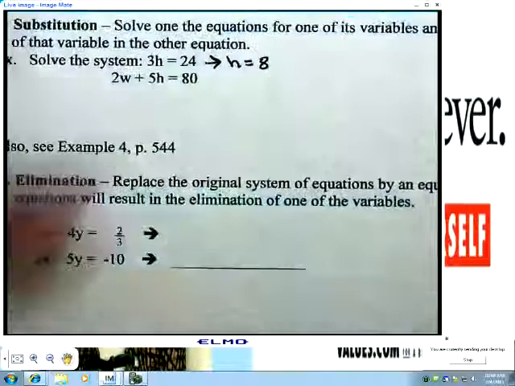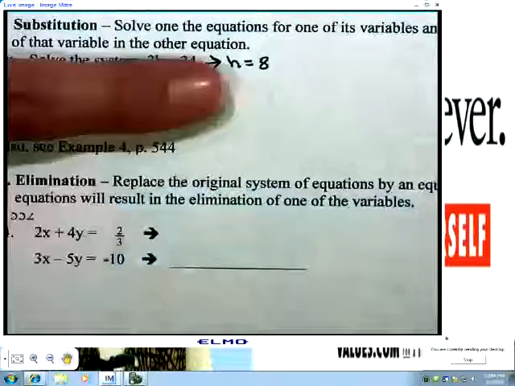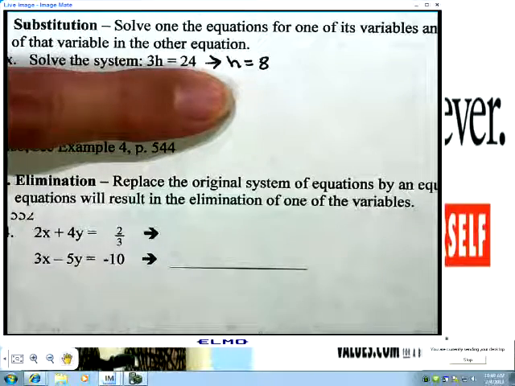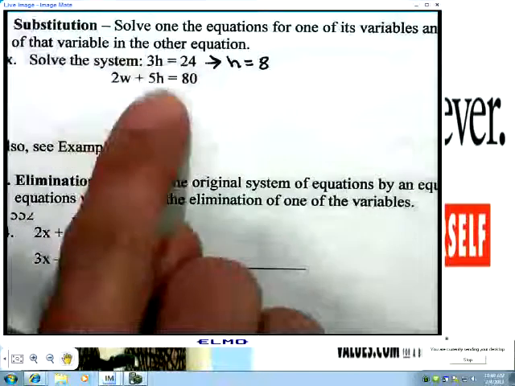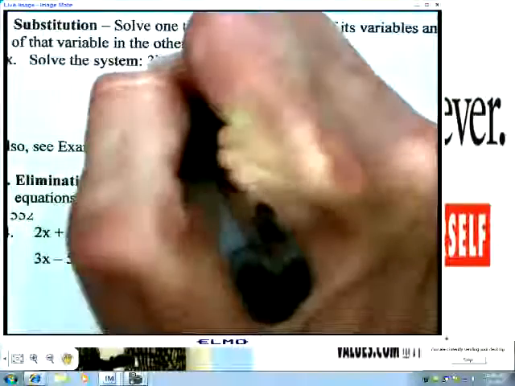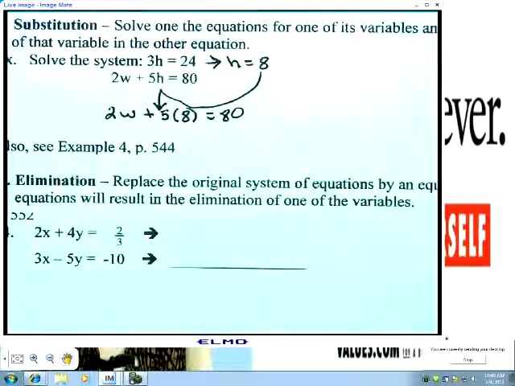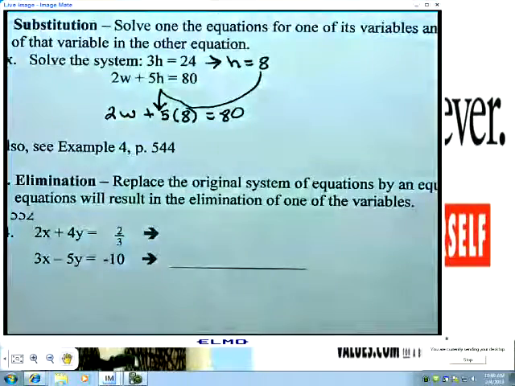Now I'm solving the first equation for h. I had 3h is 24, divide both sides by 3, and I get h equals 8. Then substitute that in the place of h in the other equation. Just put it right there. 2w plus 5 times 8 equals 80. 5 times 8 is 40.